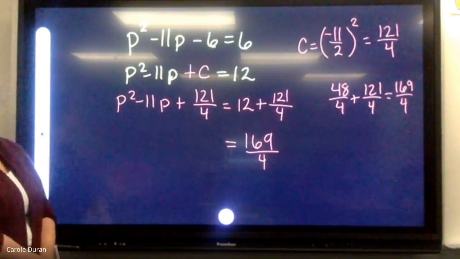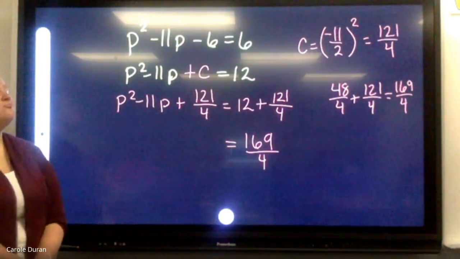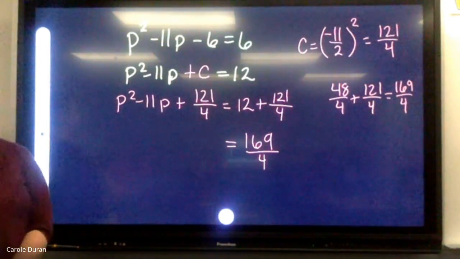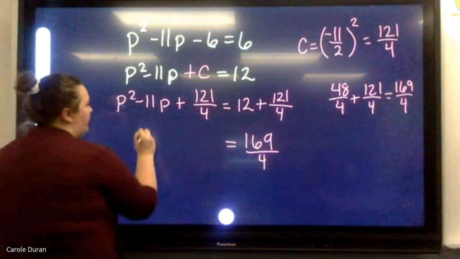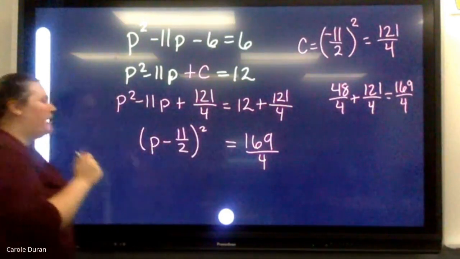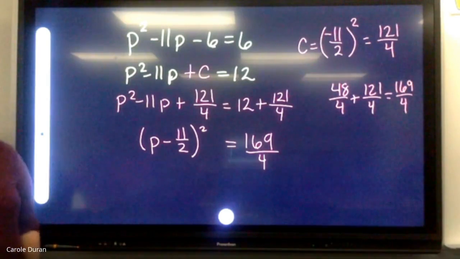What do we do? Divide the negative 11 by 2. So we factor it, yeah, factor, right? We factor what goes into 121 and 11. Yes. And we get half of whatever our middle term was, which was 11 over 2. So I get p minus 11 over 2 squared equals 169 over 4. Camden, what do I do next?